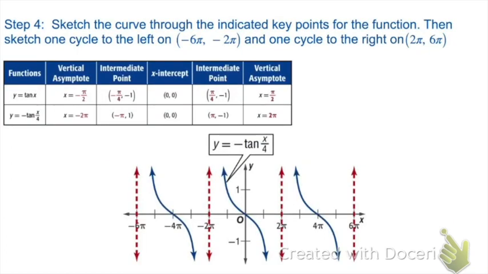So here's our sketch of our graph. I did the one cycle here in the middle. This is my initial cycle of my transformed parent function. Since our period is 4 pi, this right here is a 4 pi period. This right here is a 4 pi period. And we basically duplicate the graph in those two regions.